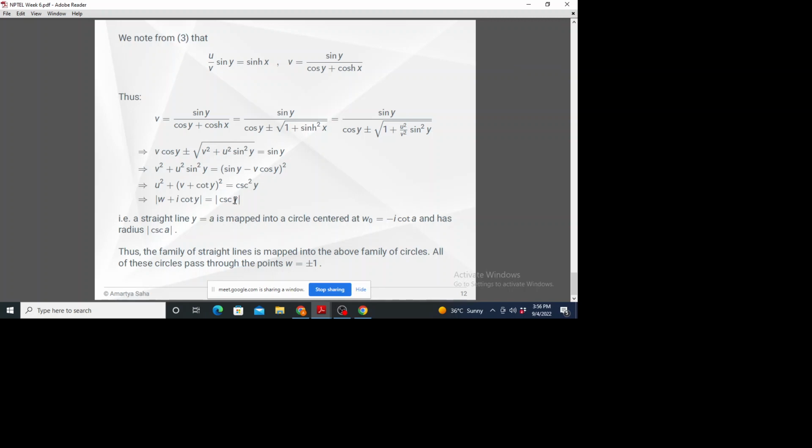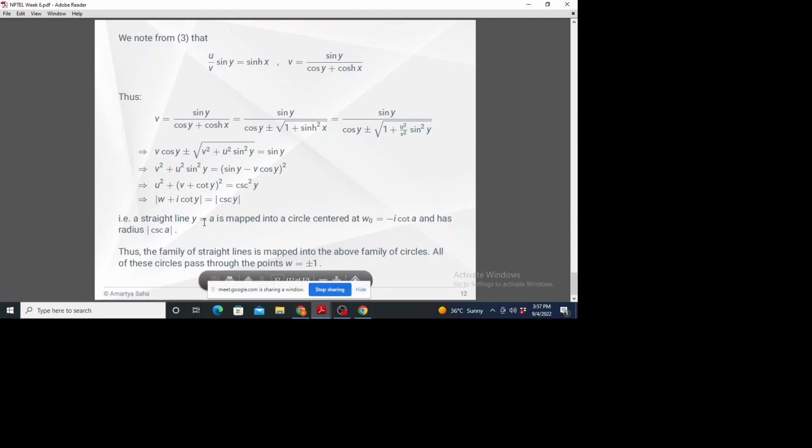Please remember that y is a real variable. So this circle has center at minus i cot y and radius mod cosec y.